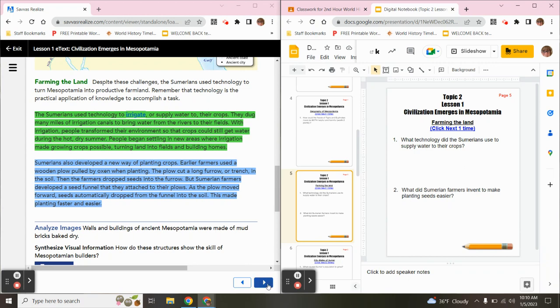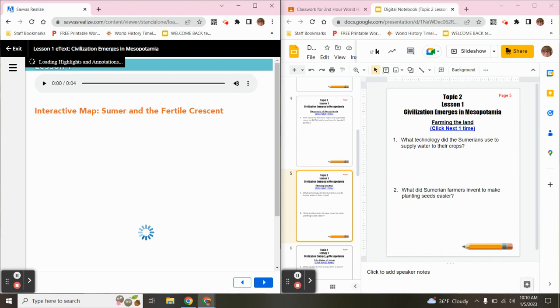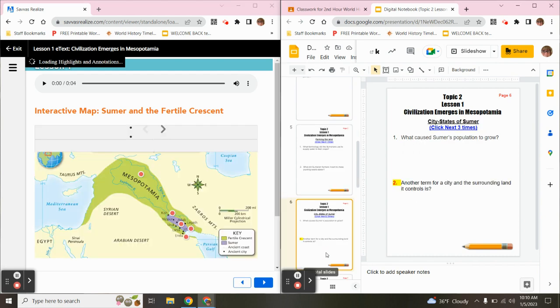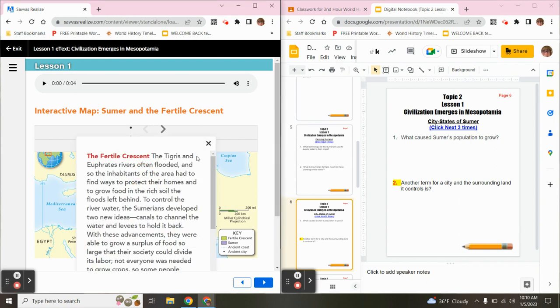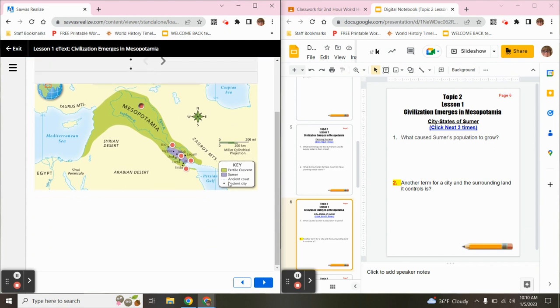All right, let's move on to the next page, and we will move on to page 6. We're actually going to click next one more time, as we are not going to look at the interactive map in our digital notebook. But if you click on these red dots, it tells you about that area.